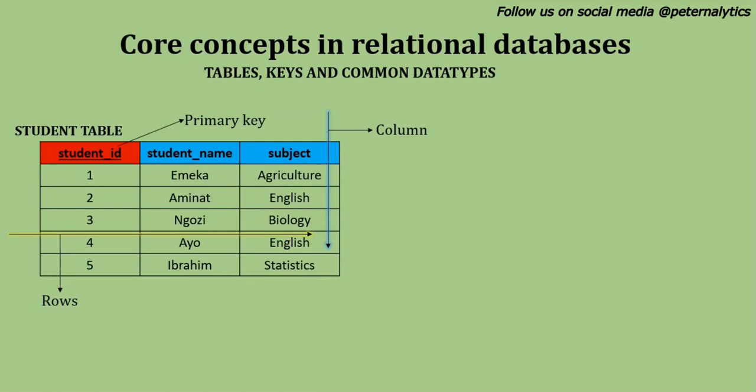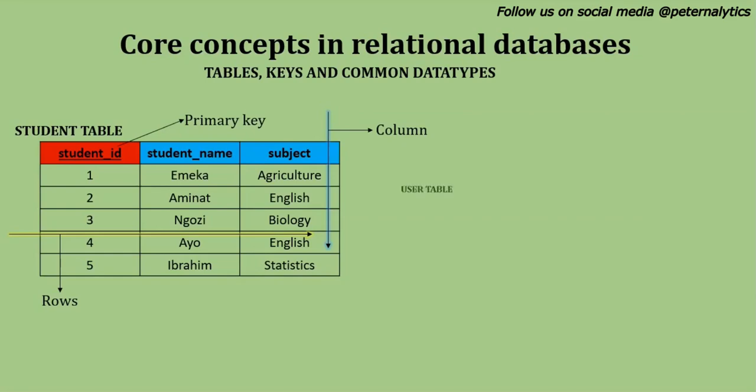For example, student ID 2 and student ID 4 both offer English. But no two rows can have the same primary key. This means our primary key is unique to each row. The primary key can be anything, numbers or text, but the most important thing is that it must uniquely identify the specific row.